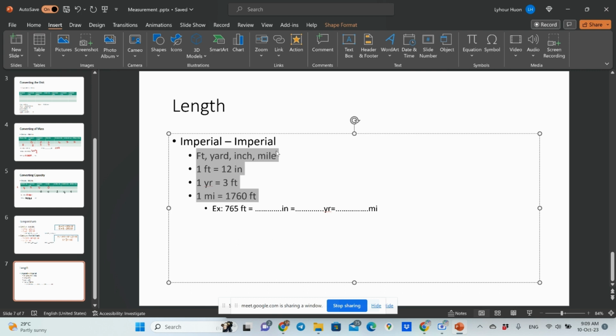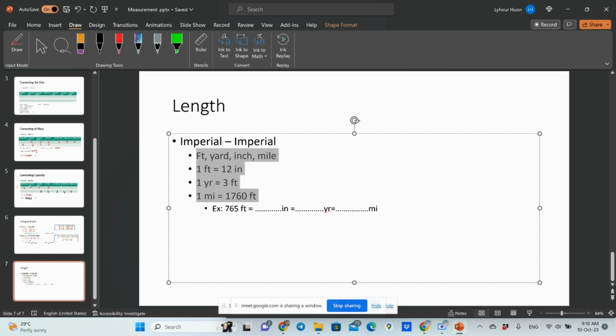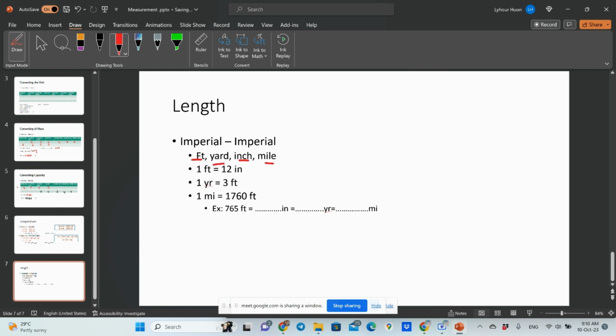Which unit do you think is the smallest unit of length? 1 foot equals 12 inches, 1 yard equals 3 foot, 1 mile equals 1,760 foot. Which unit is the smallest? Can you guess? If we look at this, 1 foot equals 12 inches. Which one is smaller? Inches.